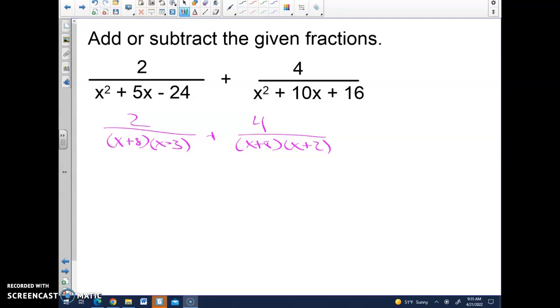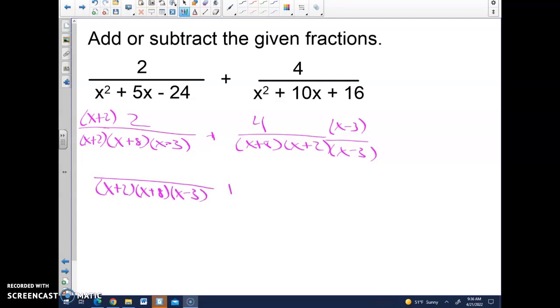It's the x plus 8. I don't have to do anything with that. But there's an x plus 2 here, but not here. So I've got to get that in. There's an x minus 3 here, but not here. So I've got to get that in. So my new denominators are x plus 2, x plus 8, x minus 3.